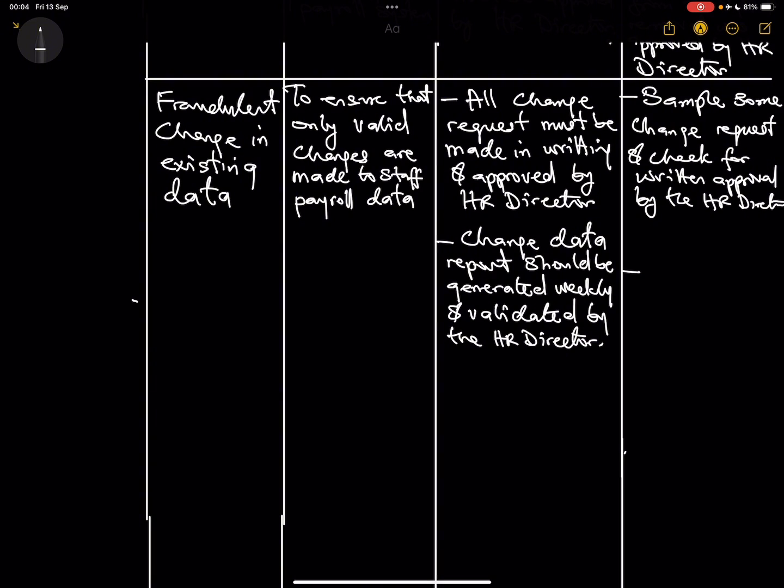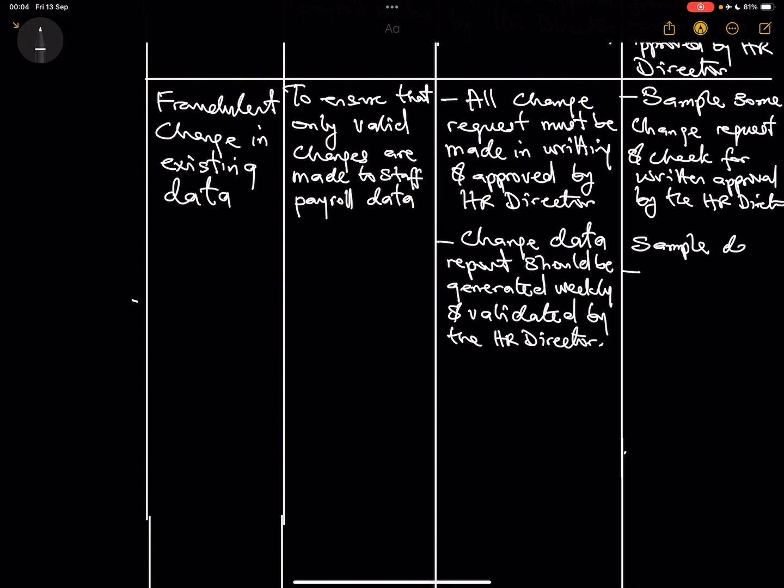So the auditor checks some changes that have been made, and will be asking, where is the HR approval for this? And likewise, sample reports can be taken as well by the auditors.